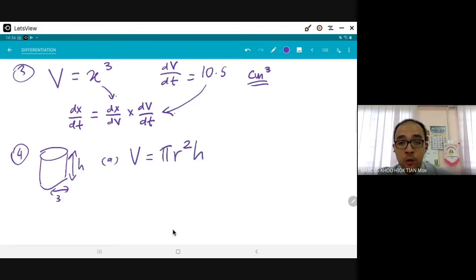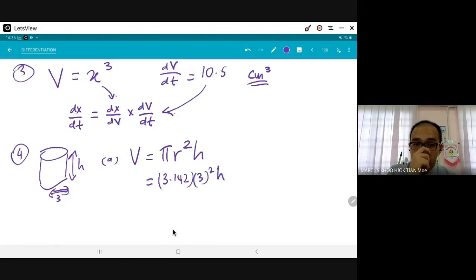But do we have r? We have r, it's 3. And then we substitute 22 over 7 or 3.142. So 3.142 times 3 squared times h. So I will get what? V equals to, can somebody calculate this please?